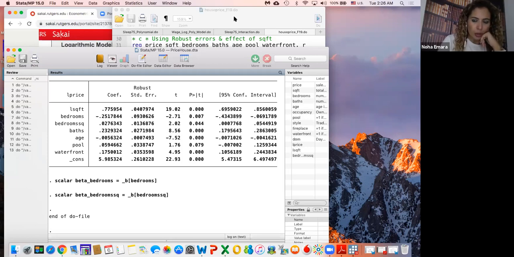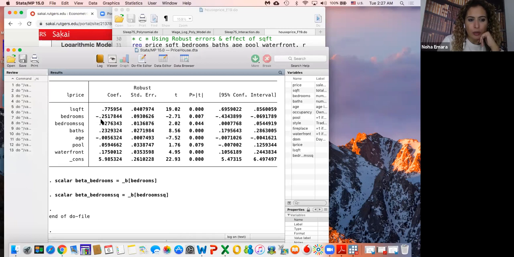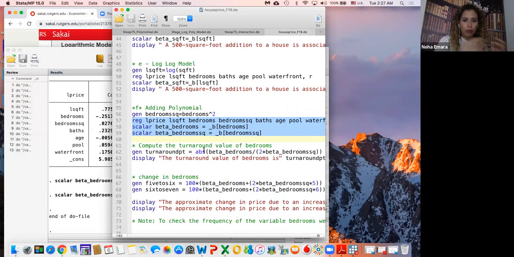And I need to determine what is the cutoff point. So the cutoff point, which is the turnaround point, is computed using these coefficients. I need the coefficient of bedrooms and the coefficient of bedroom square. So all I need to do is to get these coefficients out of the estimation result. To do that, you can use the command scalar.